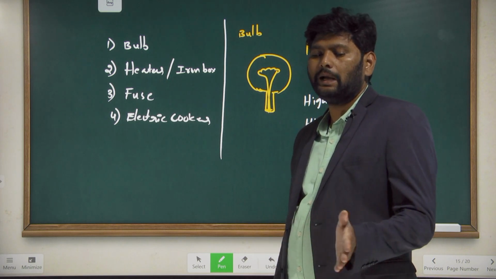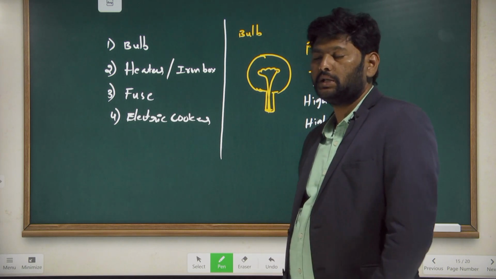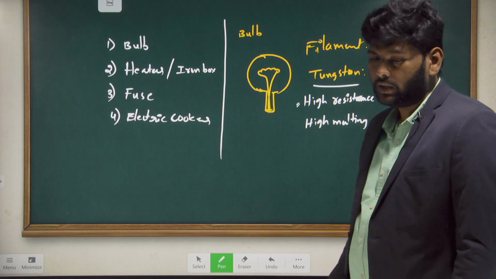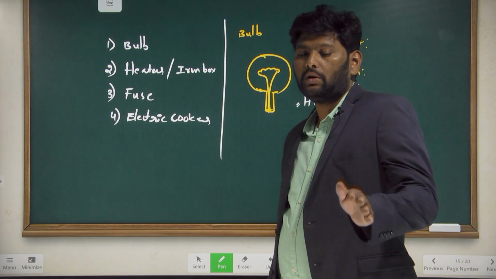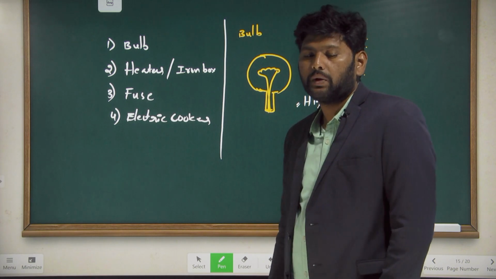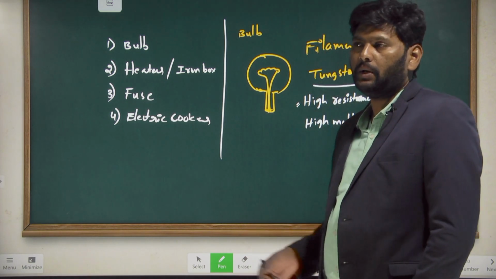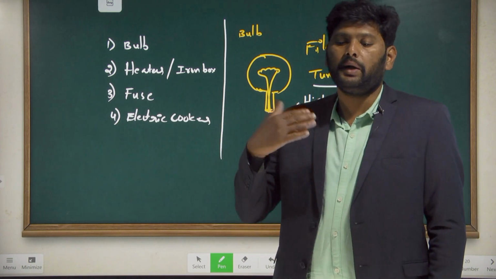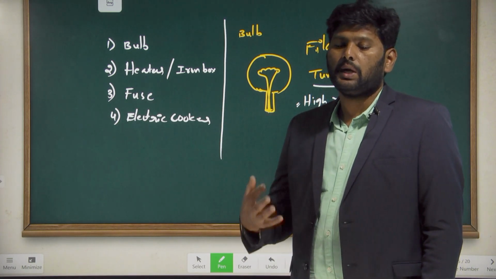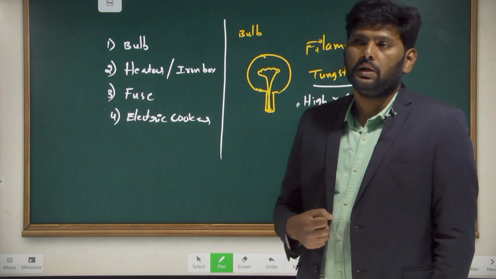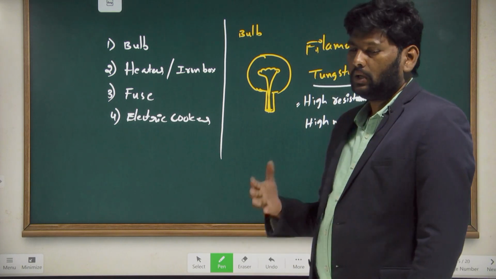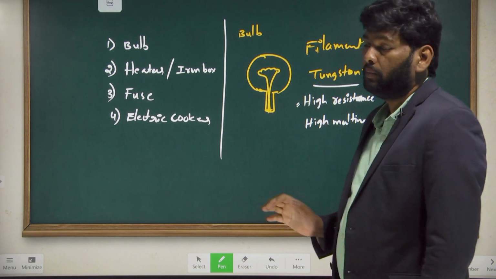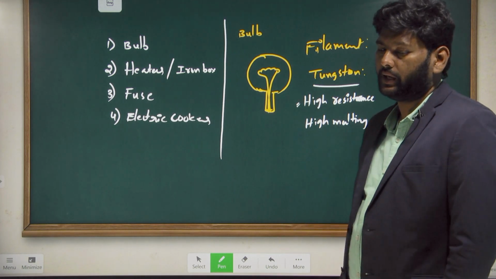So why is the electrical energy converting into heat energy? Because of the high resistance of the filament, the total energy is dropped across the filament. Whatever energy is dropped across the filament is converted into heat energy. That heat energy we receive in our surroundings. That way the bulb works based on the heating effect of electric current.